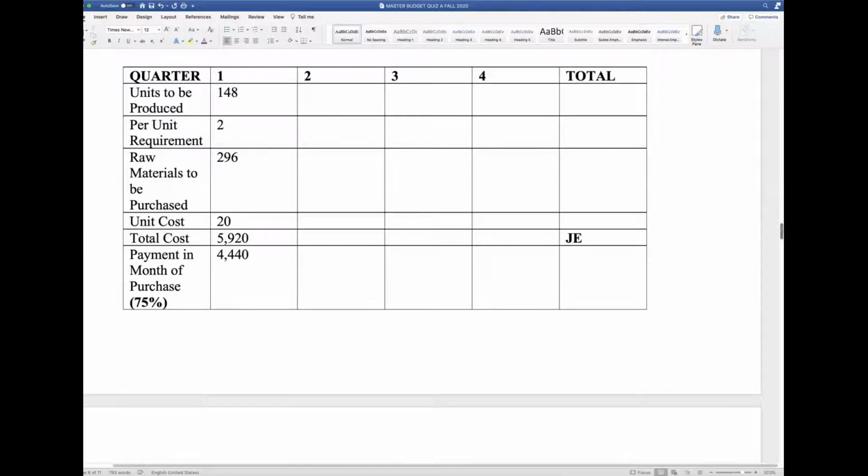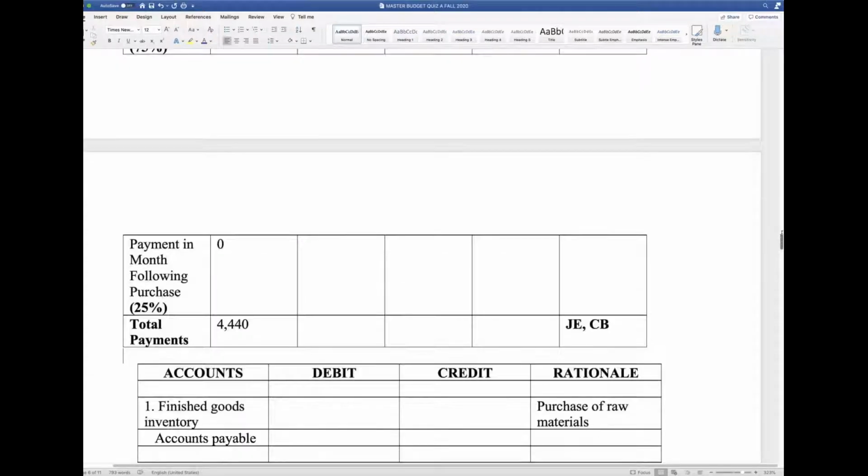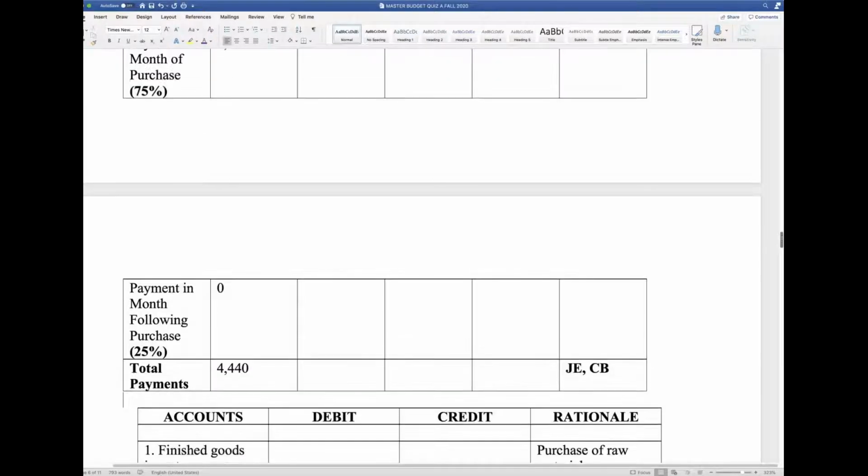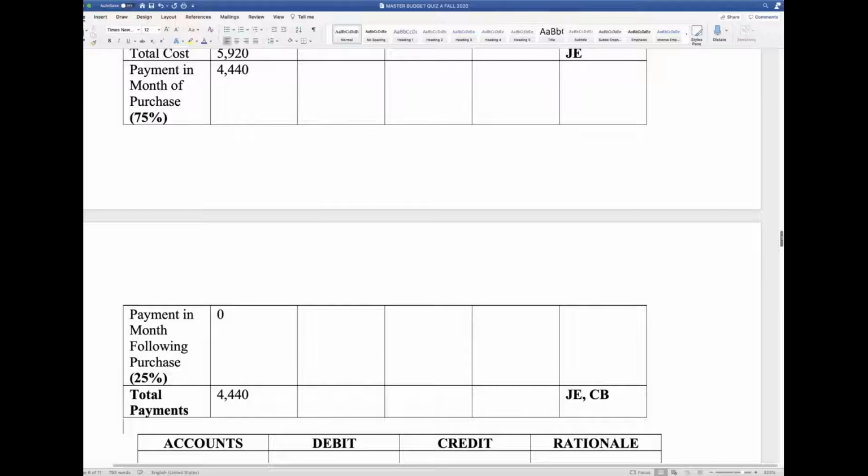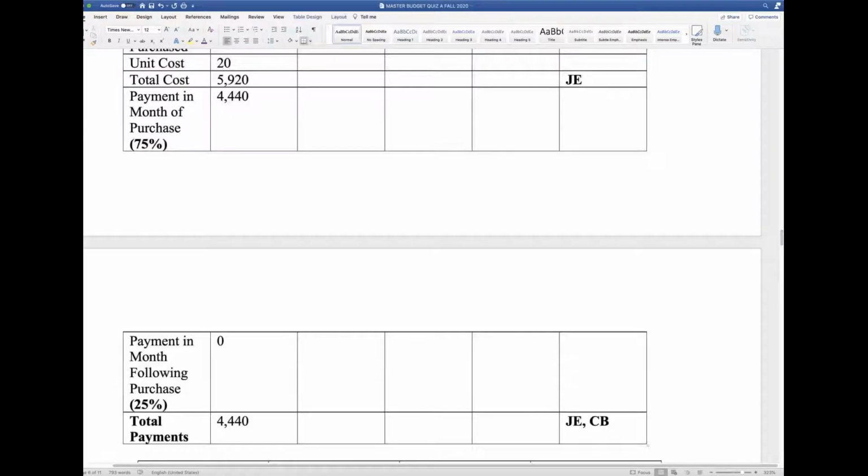So I was thinking it was the total cost from quarter two times that 25%, but I'm not sure if that's correct. It should be, hold on, let me go to my original letter.